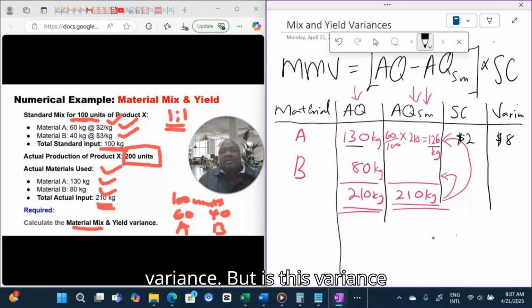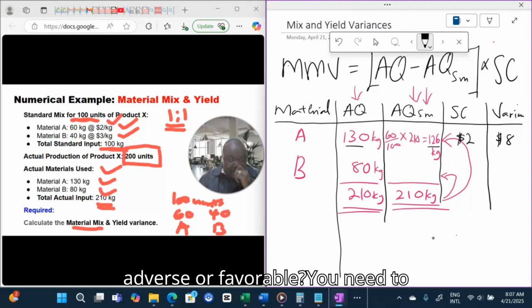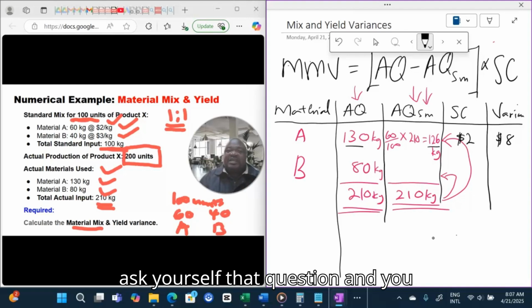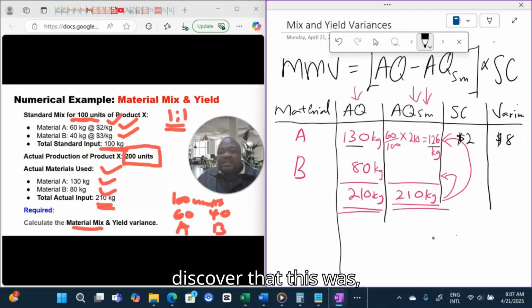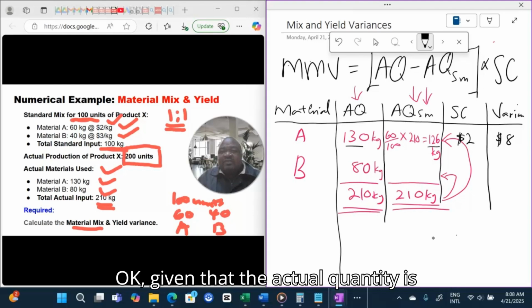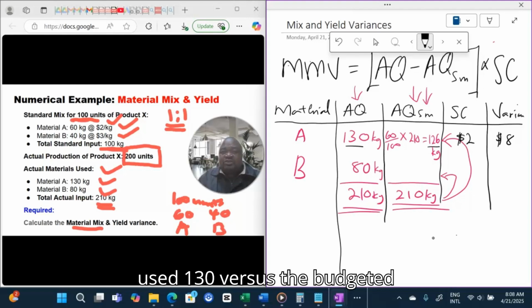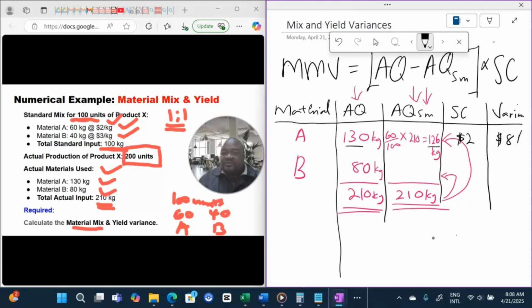That's the variance. But is this variance adverse or favorable? You need to ask yourself that question, and you discover that the actual quantities used were 130 versus the actual quantity at standard mix of 126. You can see that this was adverse.